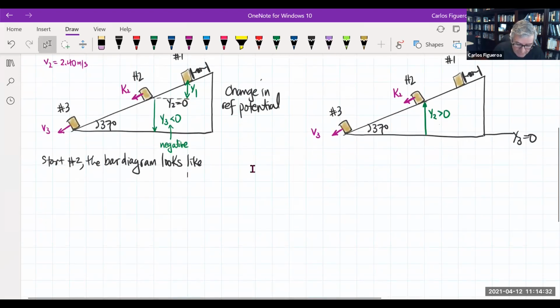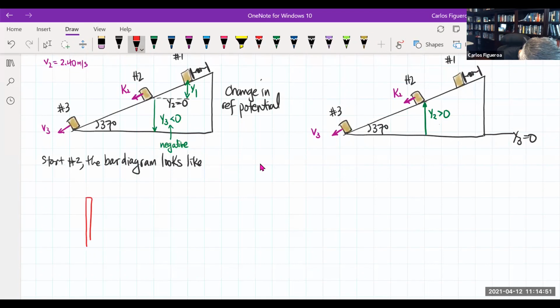So when I look at point 2, what am I actually seeing here? Well, I have a certain amount of kinetic energy. I'm going to say that this is point 2 right here, I have this amount of kinetic energy. But at this point, I have 0 gravitational energy.